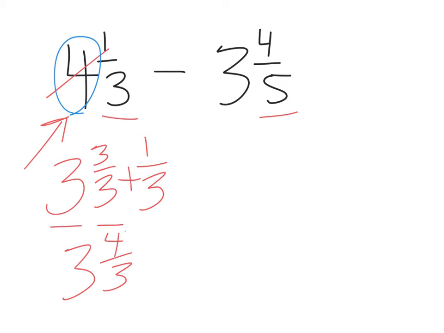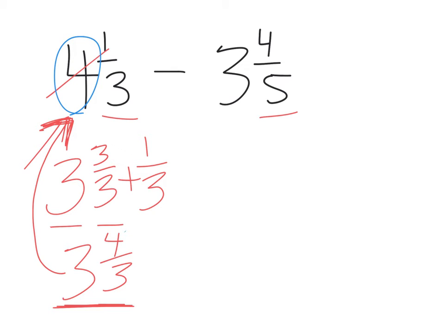Like if you changed 4/3 to a mixed number, you'd get 1 1/3. Well, 1 1/3 plus 3, which is basically what you're seeing here at the bottom. If you took 1 1/3 plus 3, you'd get 4 1/3. So really, this at the bottom is now being renamed, or has been renamed, from what we started with, which is 4 1/3.